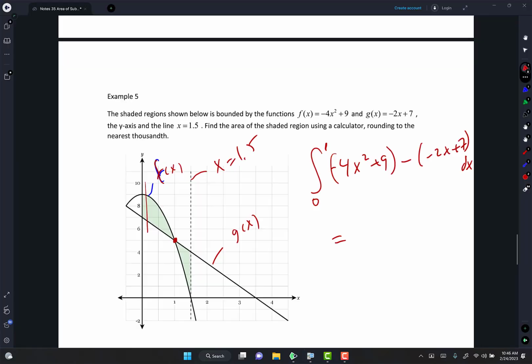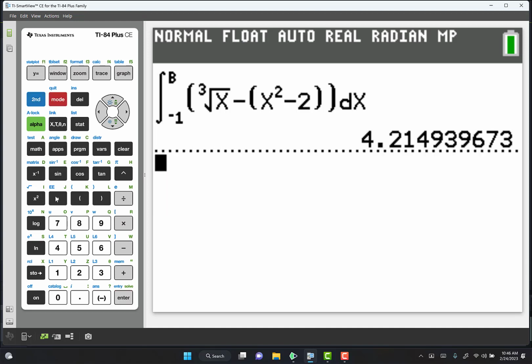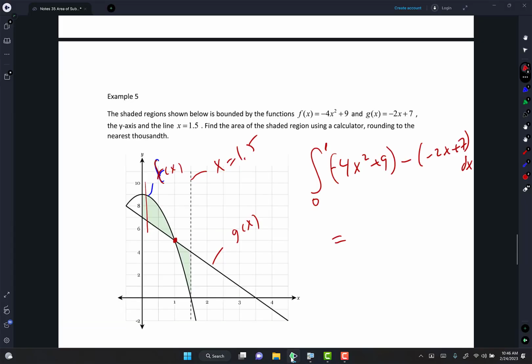And then y2, I'm going to put in negative 2x plus 7. All right, here we go. Math. Oh, actually, I still got to find. No, I already found my intersection. Do I need two integrals? Yes, I do. That's just the first region. I should have continued. That's just the first region, guys.